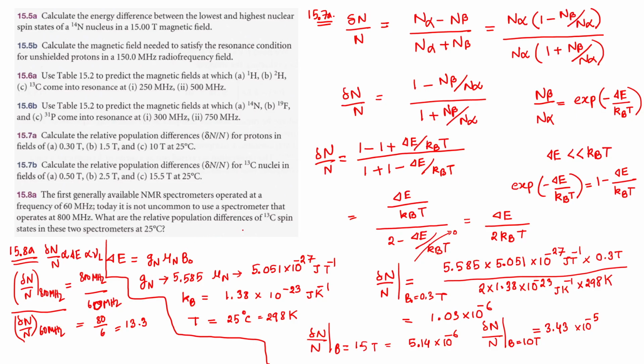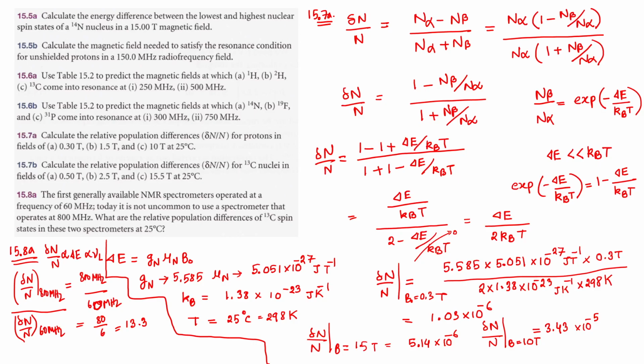Okay, so this is the relative population inversion. So if you increase the B value, you are going to have a lot more difference in alpha and beta spin, and the more difference you have, the better it is for you to look. The signal to noise ratio would be much better, as there is more difference in the number of alpha and beta spins.